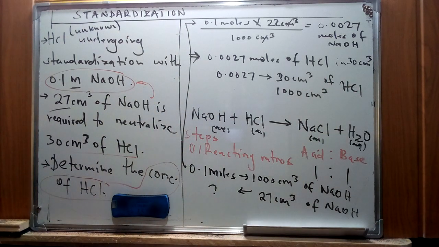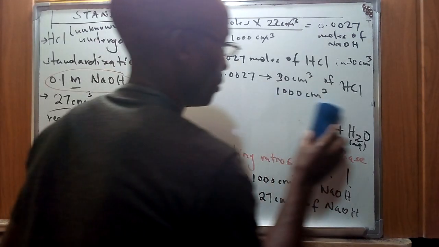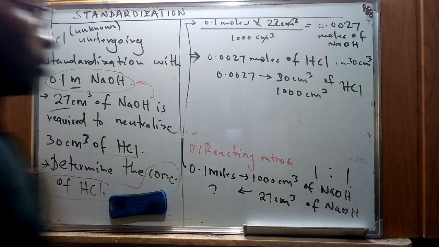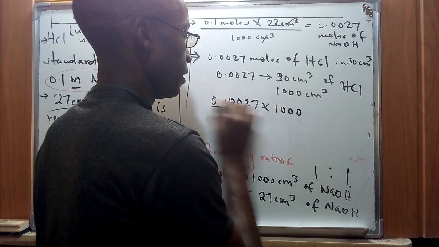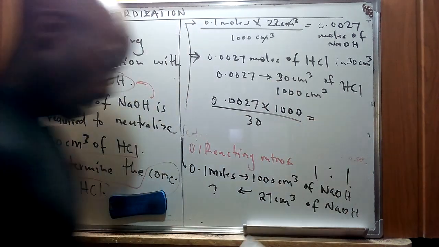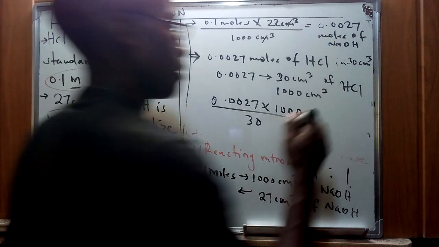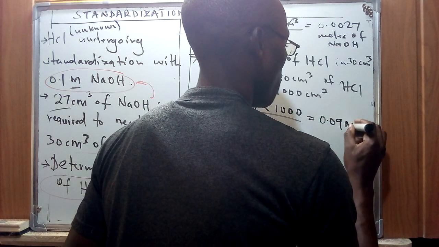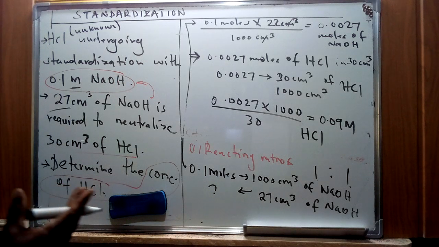Giving that relationship, the cross multiplication is going to give us 27 times 1000 divided by 30, and that is going to give us 0.09 molar HCl.